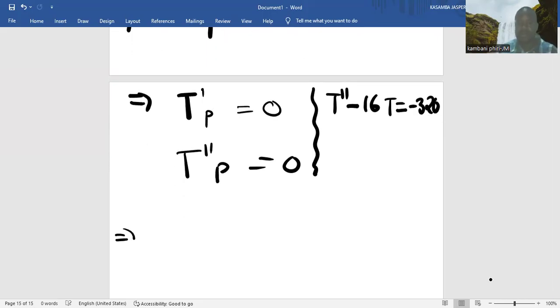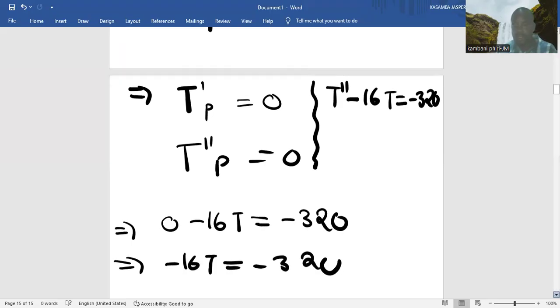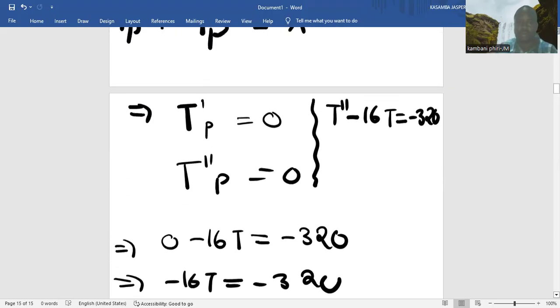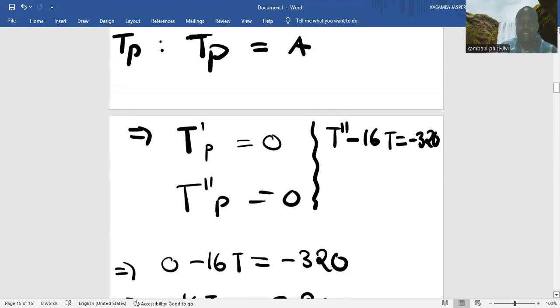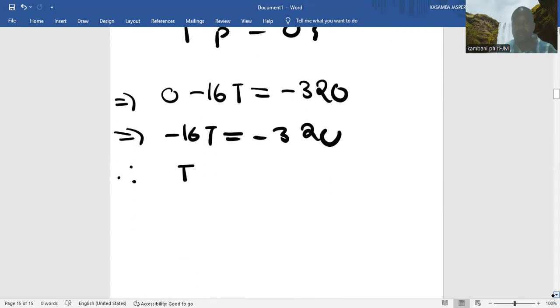When we substitute, what is our double prime? 0 minus 16 T is equal to negative 320. Therefore, negative 16T is equal to negative 320. Take note, we said TP is A, so we are going to put A here.